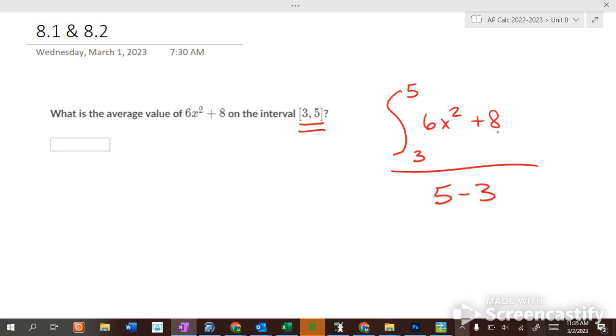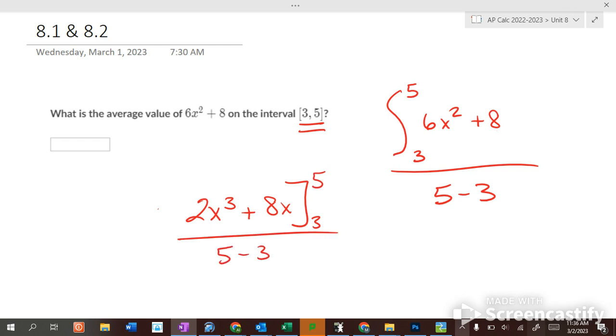So to do this, when we integrate this, since it's a function that has points, we don't need to see. So x cubed, and what would be the coefficient? 2x cubed plus 8x from 3 to 5 divided by 5 minus 3.